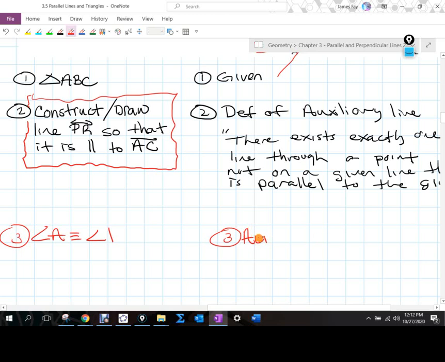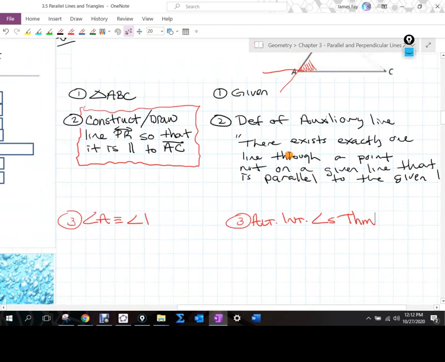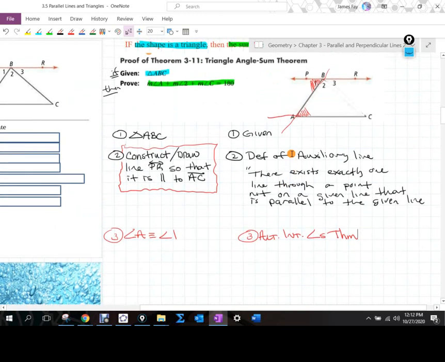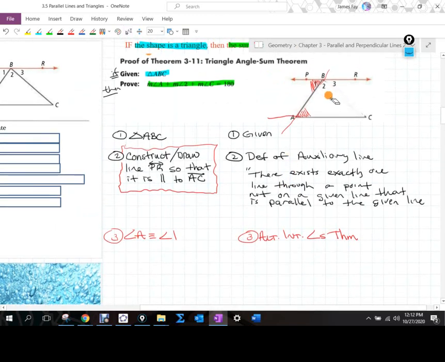I'm just going to say alternate interior angles theorem, which said if two parallel lines are intersected by a transversal, then alternate interior angles are congruent. Okay, so that's nice, right? Angle A, that's something that we didn't necessarily know at the onset of the problem, so that's new information. I'm going to put markings in those.